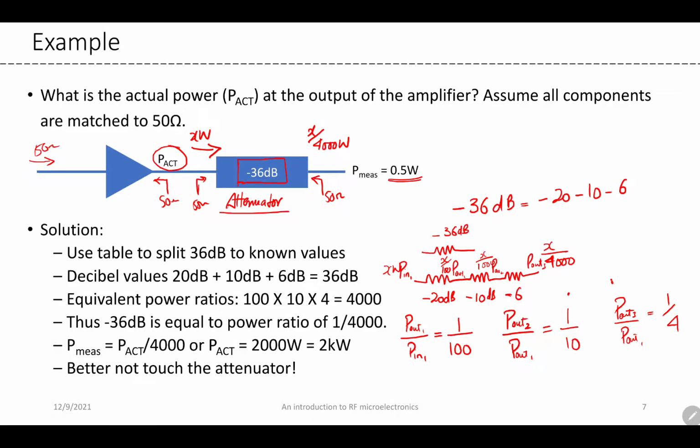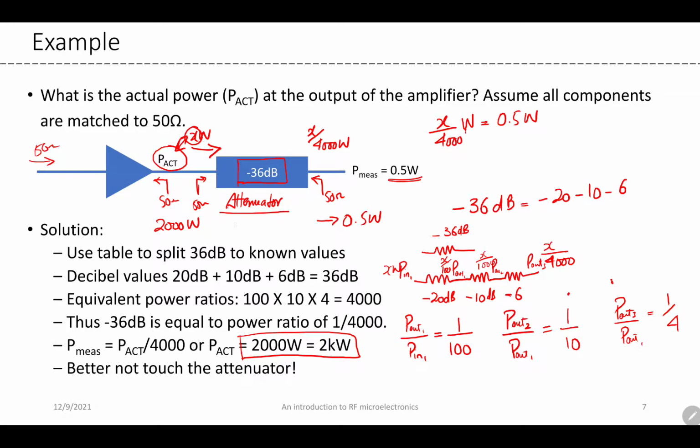Now we know that this X by 4000 watts is 0.5, right? And this X, which is nothing but the output power of the amplifier, comes out to be 2000 watts, 2 kilowatts. So what is happening is that you are supplying 2000 watts from the amplifier and you're getting an output of 0.5 watts.